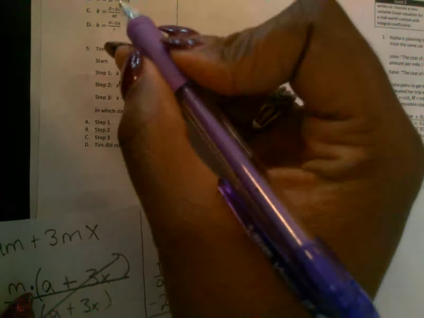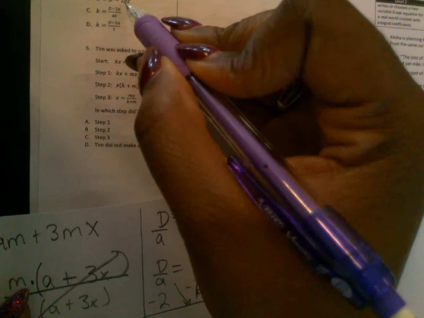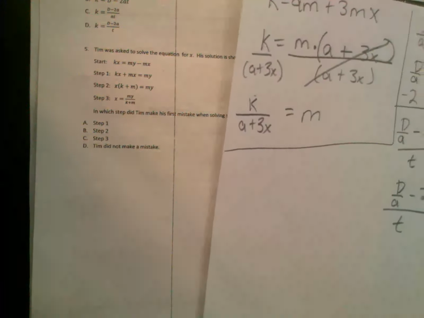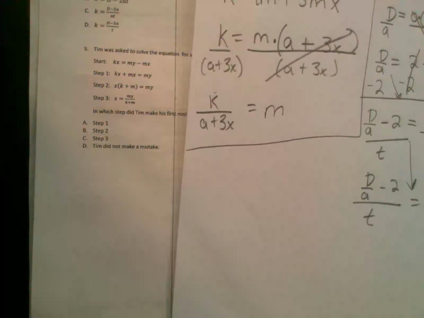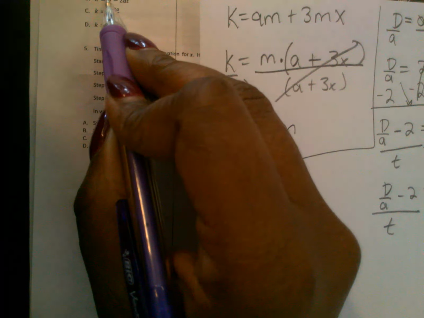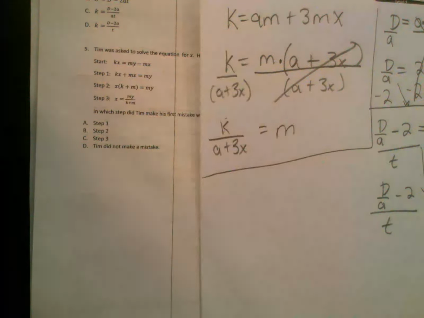So you got D over A. No, hold on. D divided by A is true. Minus 2. No, I didn't get 2 right. Let me look.